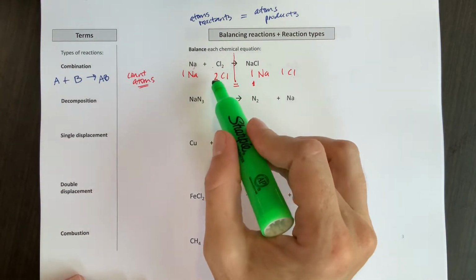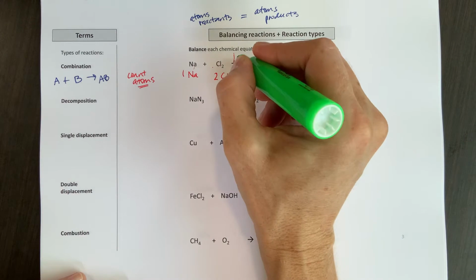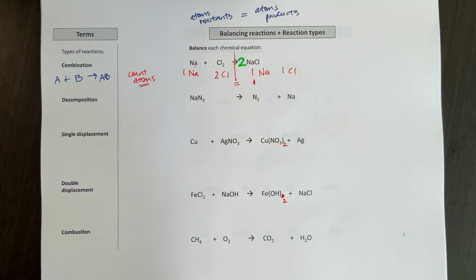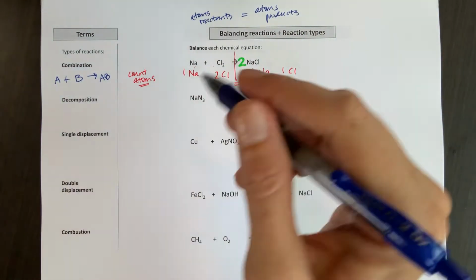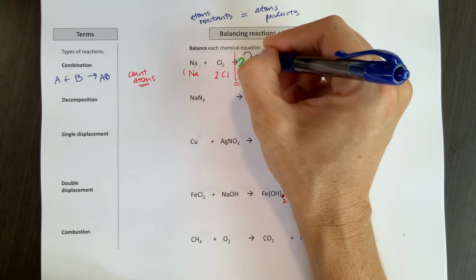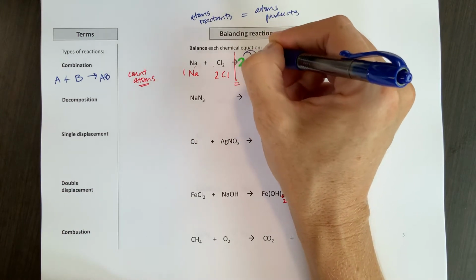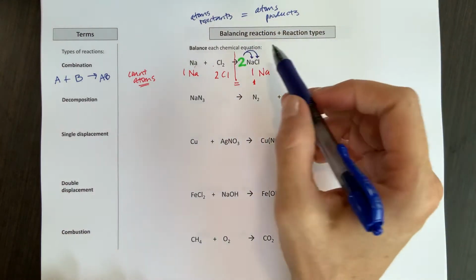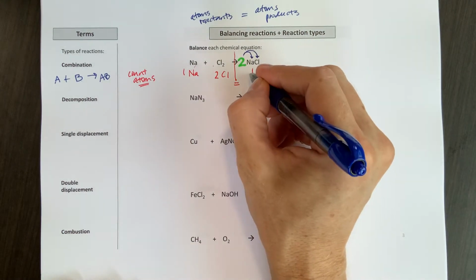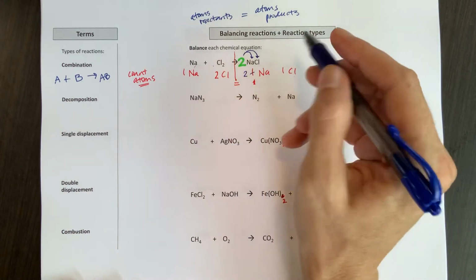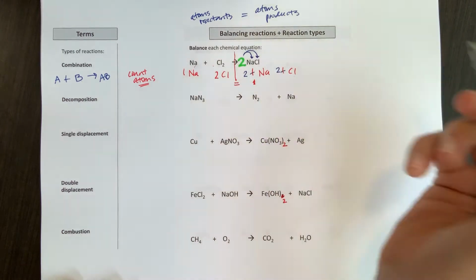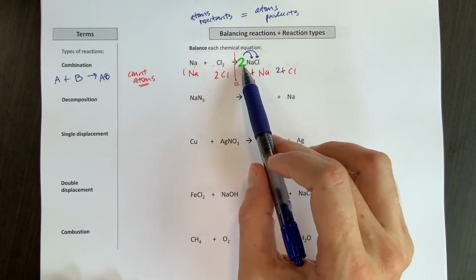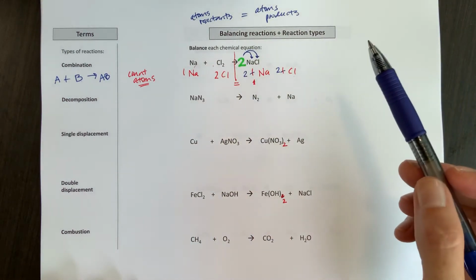So if I have 2 chlorines here and only 1 here, I can add a coefficient out in front of that sodium chloride. And notice this 2 is a factor that goes to the sodium and also to the chlorine. So I'm going to say now I have 2 sodiums and now I have 2 chlorines. All right, that's the significance of that coefficient, or that 2 out in front.